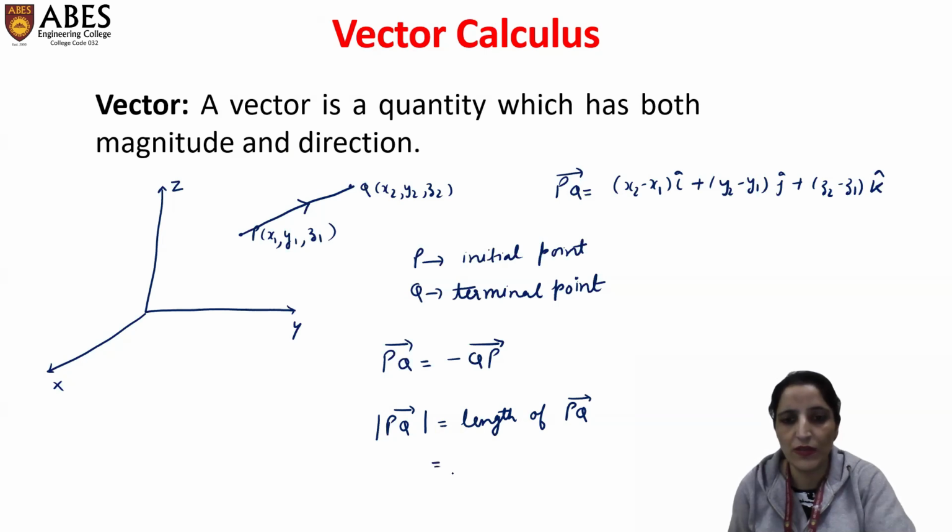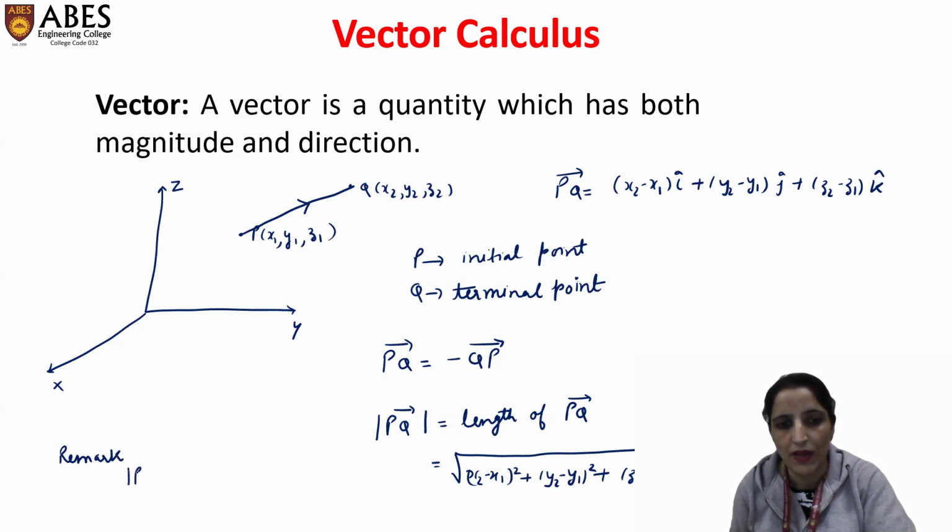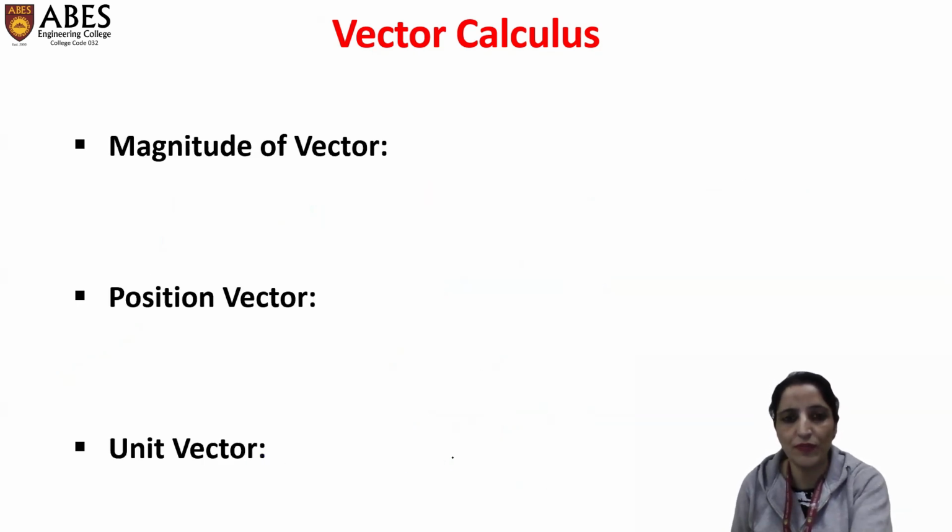That is, using the distance formula, we can find it out as the square root of (x2 minus x1) square plus (y2 minus y1) square plus (z2 minus z1) square. One of the remarks is that the PQ vector magnitude is always equal to the QP vector magnitude due to this formula, which consists of squares.